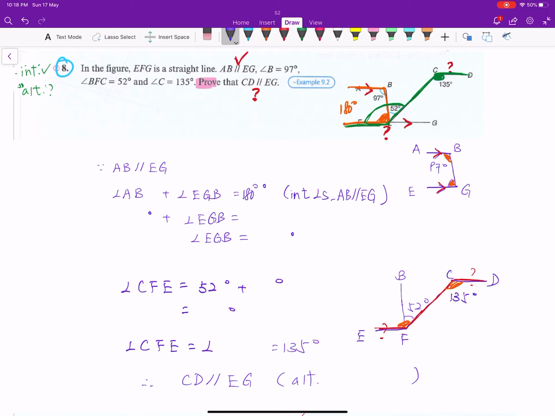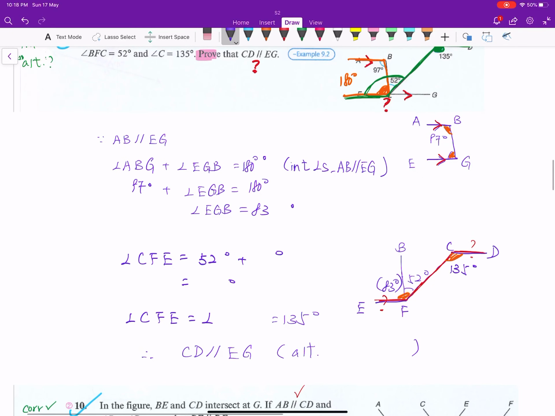Okay, ABG equals 97 degrees. So we can find EGB is 180 minus 97, right? So we will find it is 83 degrees. Okay, so this one is 83 degrees.